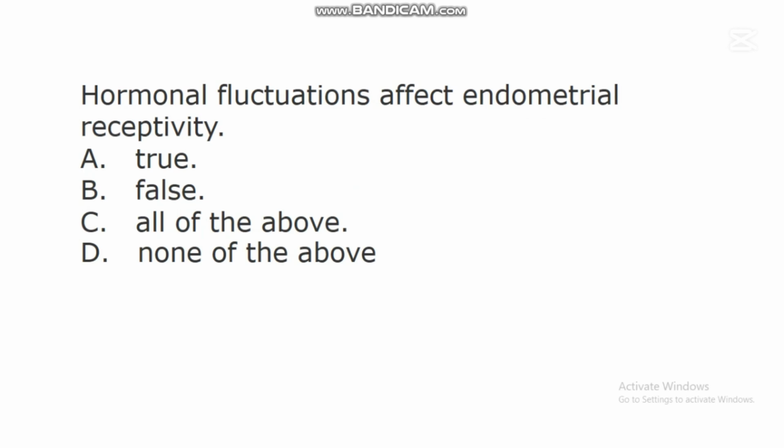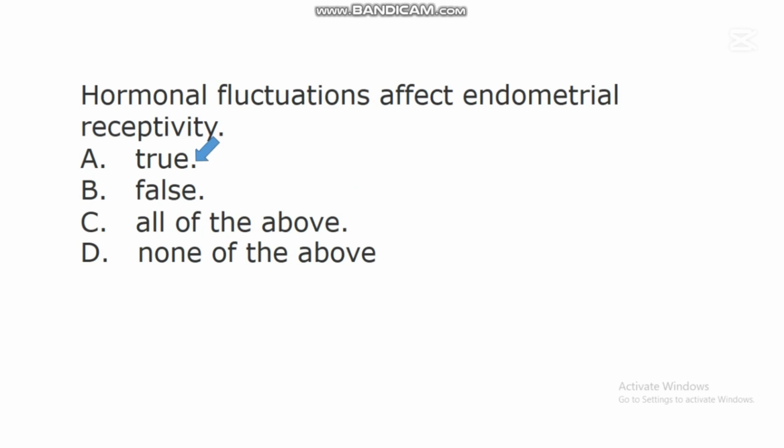The next question says, hormonal fluctuations affect endometrial receptivity. A. True. B. False. C. All of the above. D. None of the above. In this question, the correct answer is A. True.